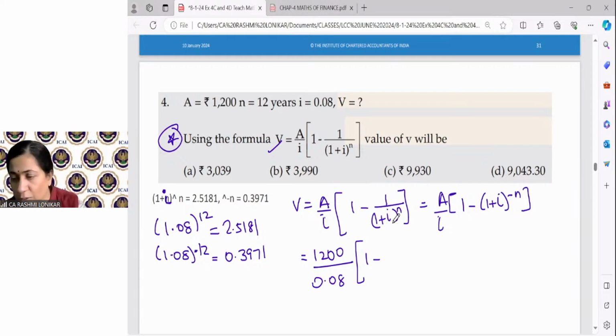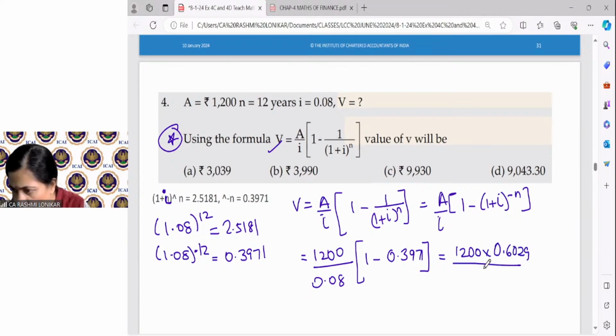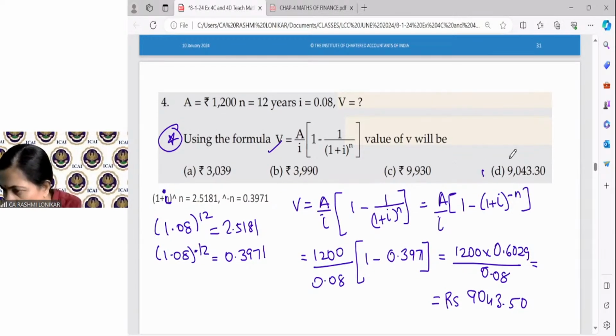If you don't understand, you can put this value and take 1 upon it, but you are getting this directly. 1 upon 1 plus I raised to n is 0.3971, so this is equal to 1 minus 0.3971, which is 1200 into 0.6029 upon 0.08. So this is giving me rupees 9043.50. So D will be the correct answer.